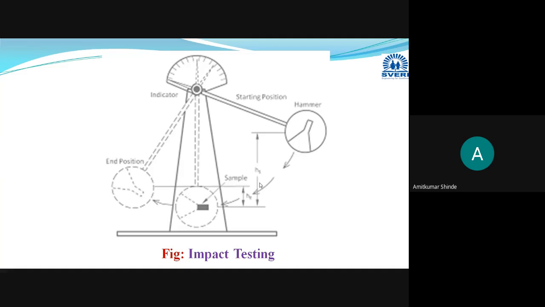Here we are calculating the potential energy at the initial stage and at the end stage, and we are measuring the loss in energy of that particular pendulum or hammer, and that value will be given as the tensile impact energy. And why is it termed as tensile impact energy?